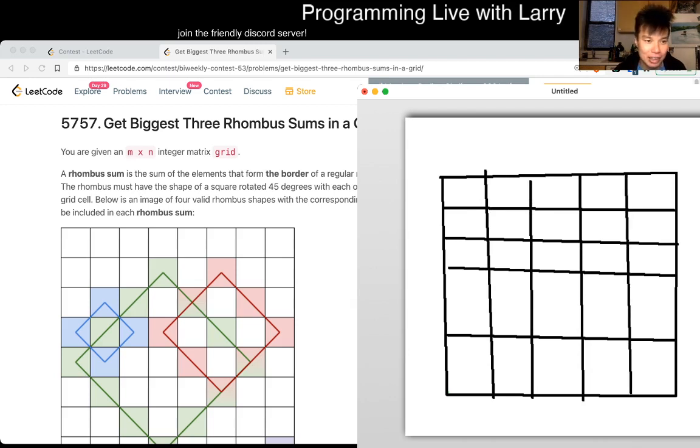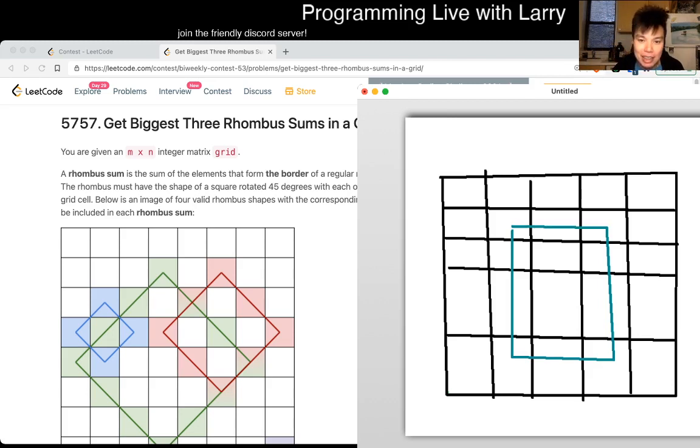I wish they'd just give me a grid. Let's say we're trying to figure out this box, right? This is uneven, but let's pretend that they have equal length just for the purpose of this.